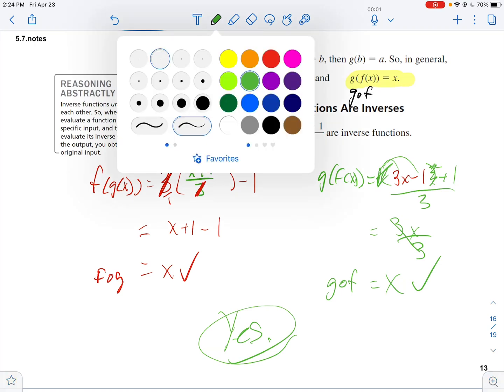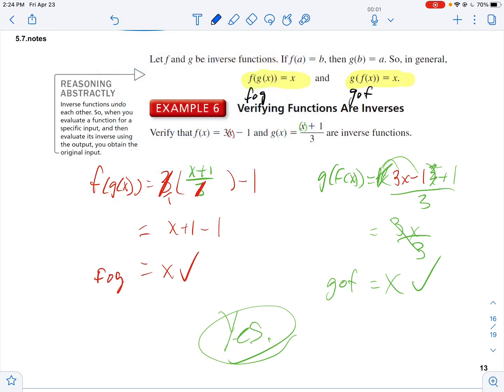Okay. Now there is a shorter way to do that, or another way to do that. And that would be simply to take the f of x equation and then find its inverse. So we switch the x and y, and then we get x by itself.